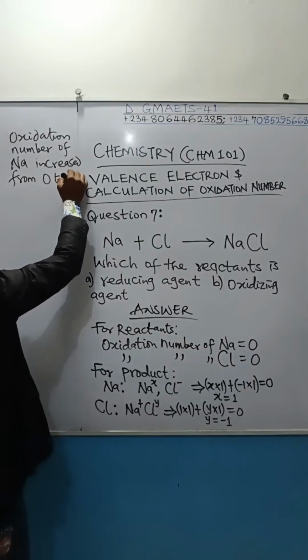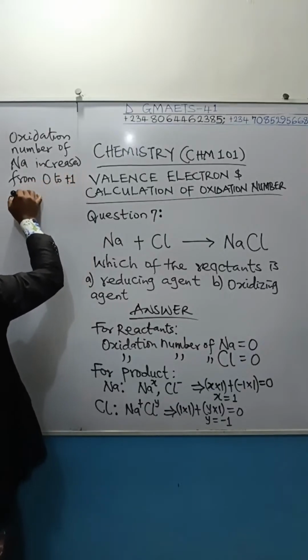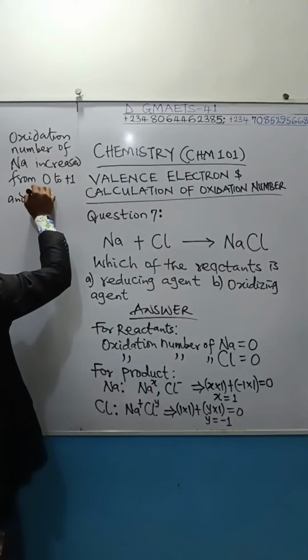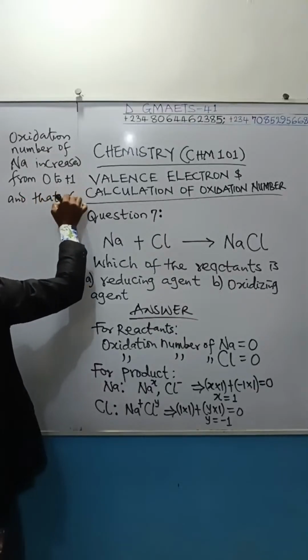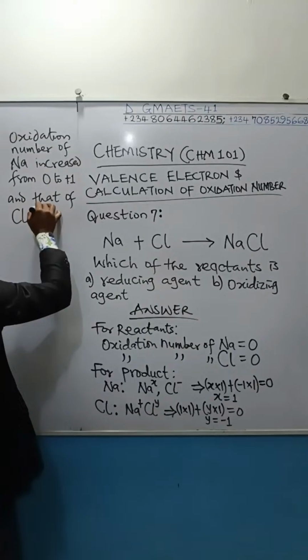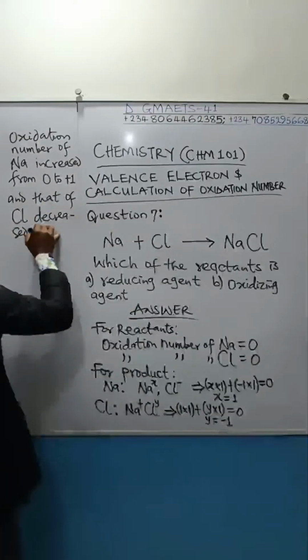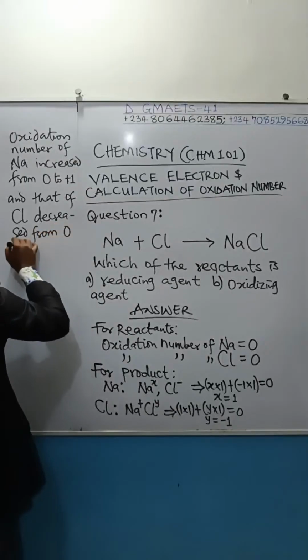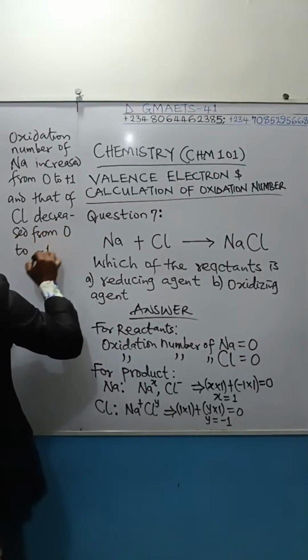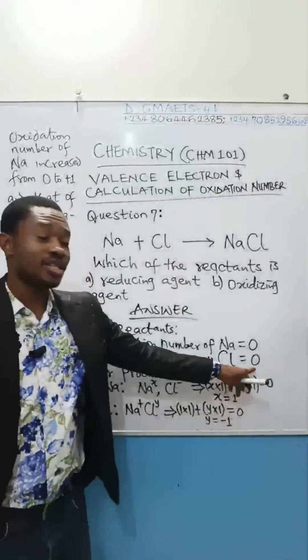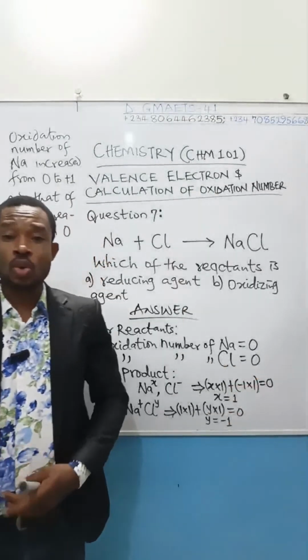So this is +1, +1. And that of chlorine decreased from 0 to -1. You know that -1 is less than 0.